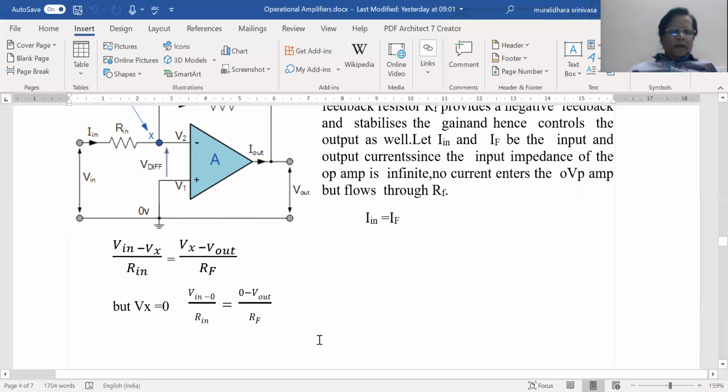Since no current flows through the op-amp, In should be equal to If, and Vx is 0. Therefore, the input current In is Vin minus 0 by Rin. Similarly, the output current is 0 minus Vout by Rf.